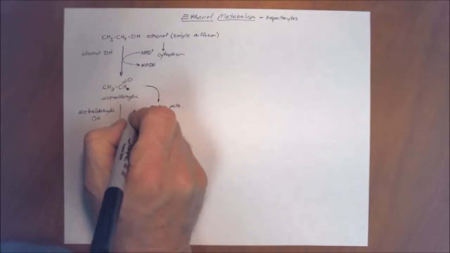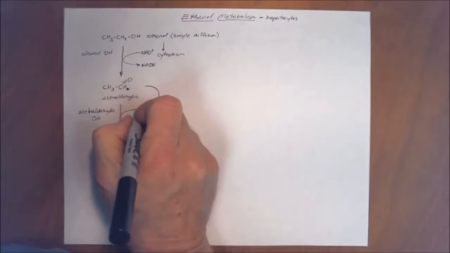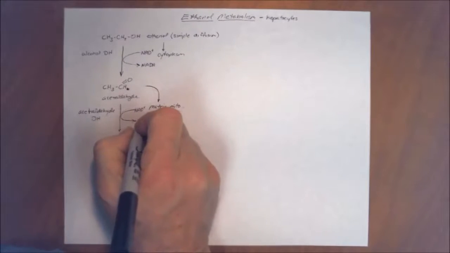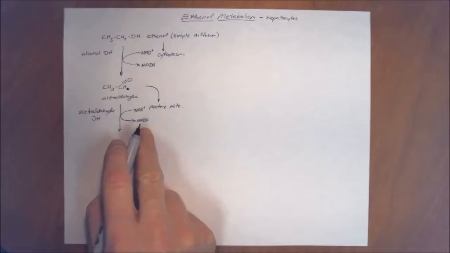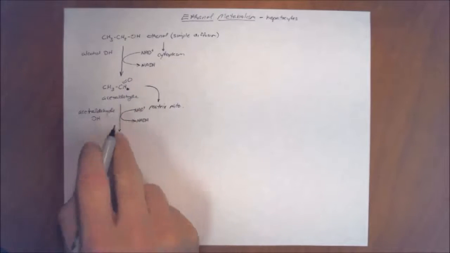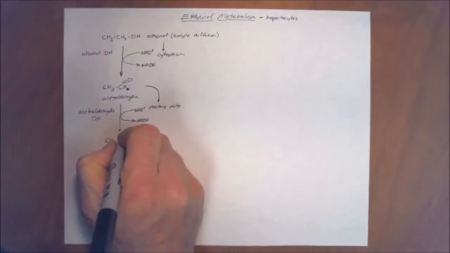Again, because this is a dehydrogenase enzyme, it is going to mediate a redox reaction, and we are generating a second NADH molecule. The resultant of this oxidation is going to be acetate.